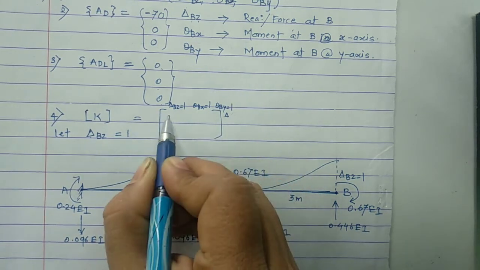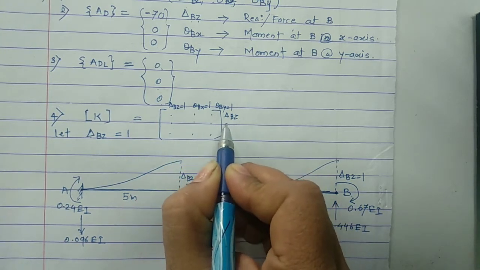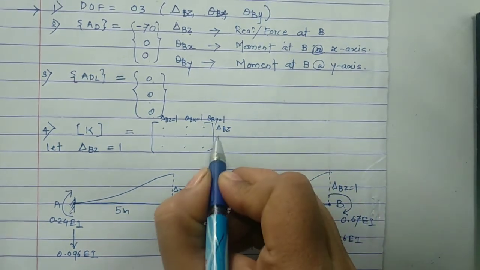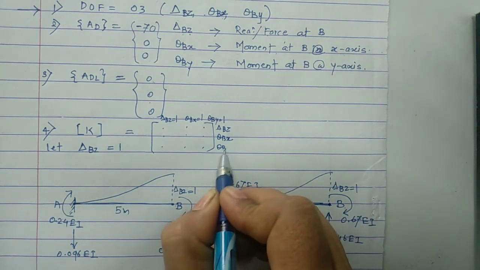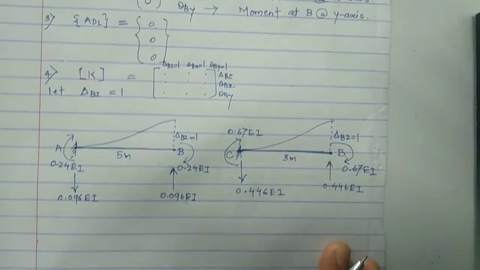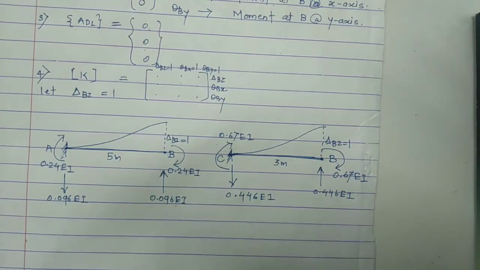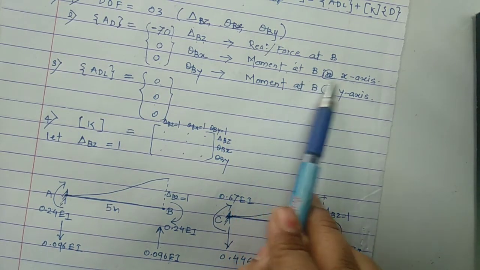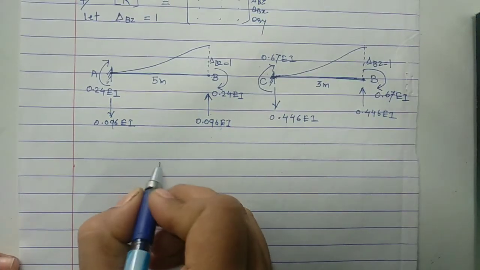Under each column, these three elements correspond to, when theta bz equal to 1, the reaction at B point in Z direction; the second, corresponding to theta bx, the moment at B about x axis; and the third, theta by, the moment at B about y axis. So from each figure we have to write these 3 points. Let us write in that figure itself: force reaction at B in Z direction, moment at B about x axis, moment at B about y axis.